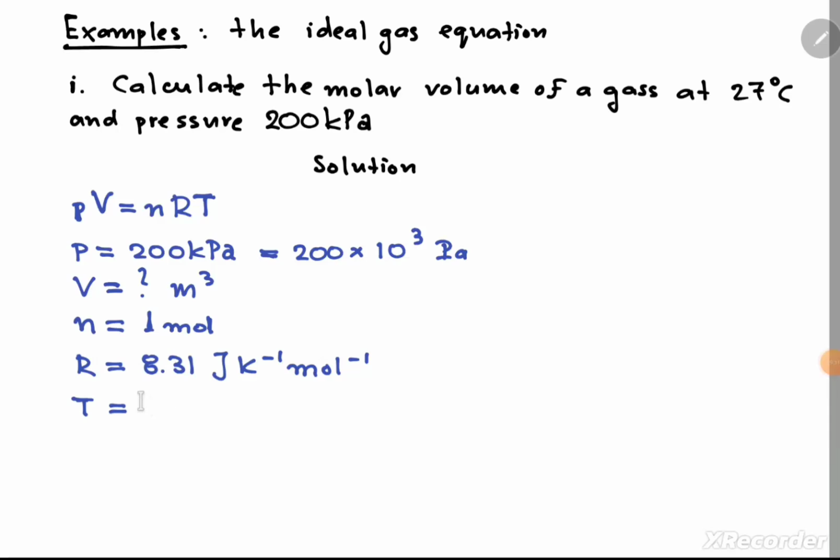So we have 273 plus 27 to convert Celsius degrees to Kelvin. So we can find the molar volume. Be careful with the units.